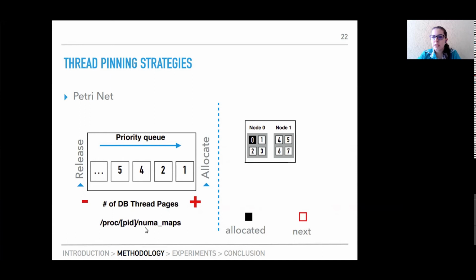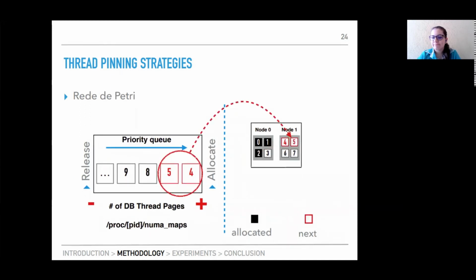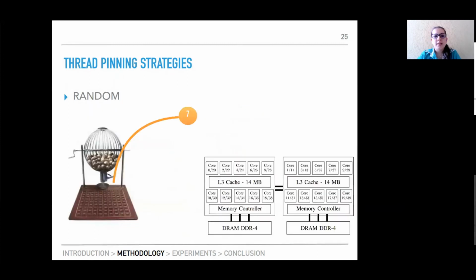The P3net decides when to allocate or release the core. Finally, in the random strategy, the array database threads are pinned randomly through the cores in all NUMA nodes. We generated 20 random allocations to verify if the workload has different behaviors. In the results, we show only the strategy with the best performance.